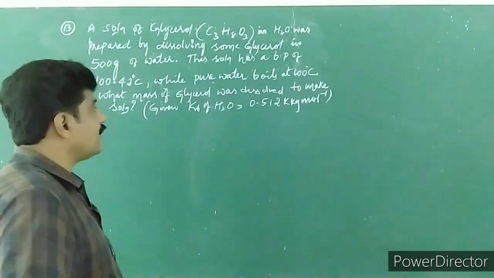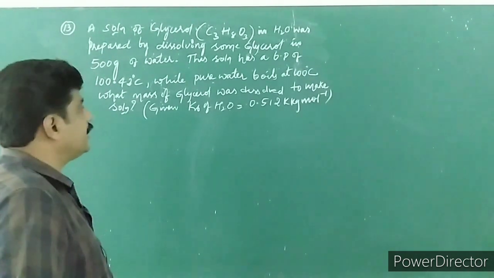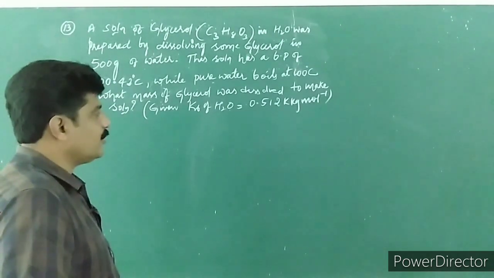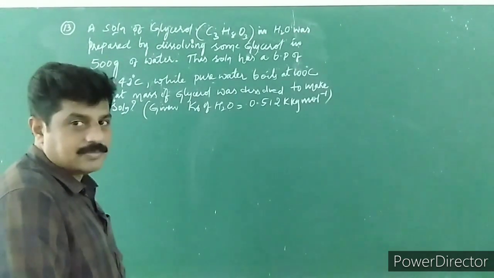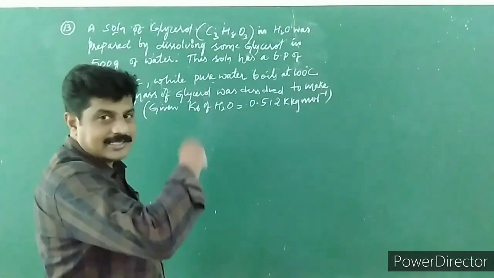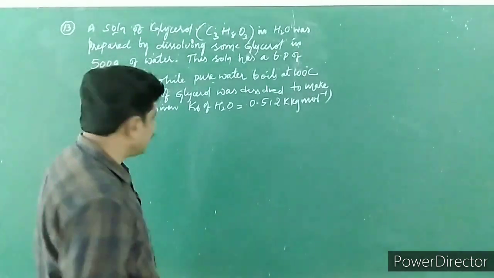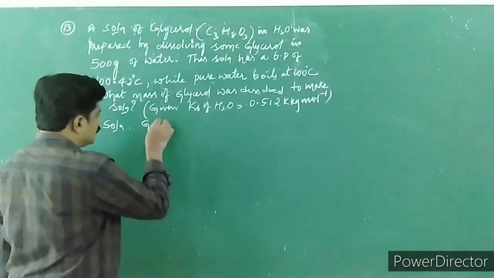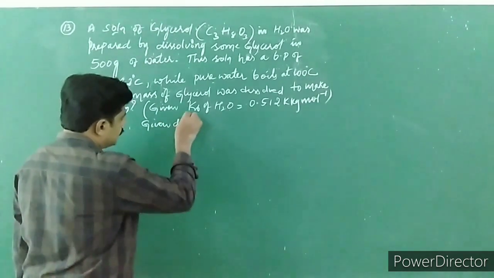What mass of glycerol was dissolved to make the solution? Given Kb of water is equal to 0.512 Kelvin kg per mole. Again, children, read the numerical two times and list down whatever data is given. Okay, solution, given data.